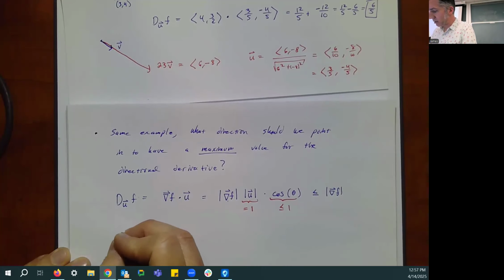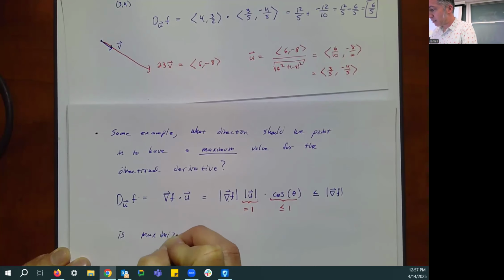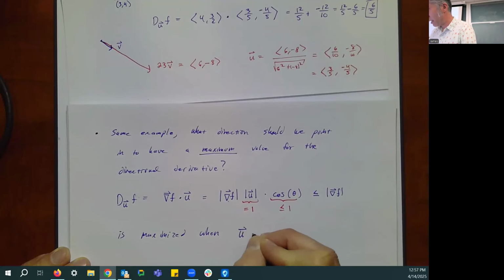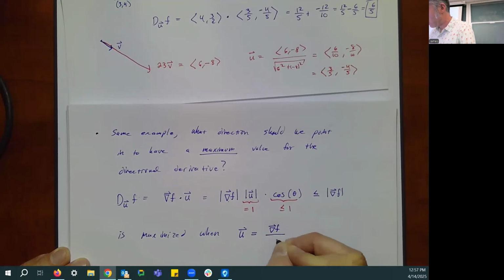So this is maximized when our direction vector u is equal to the direction of the gradient, which is the gradient divided by the magnitude of the gradient.